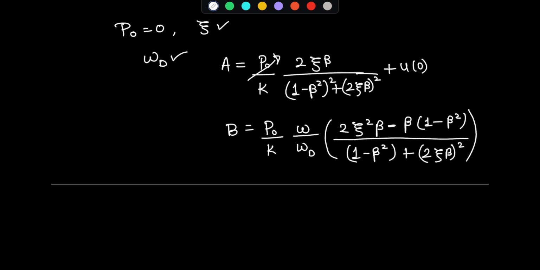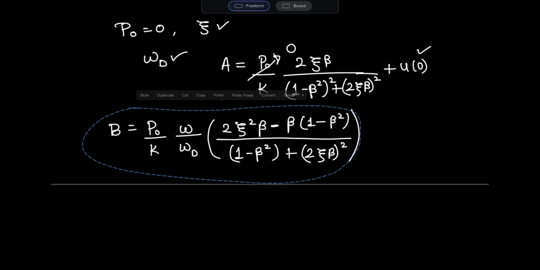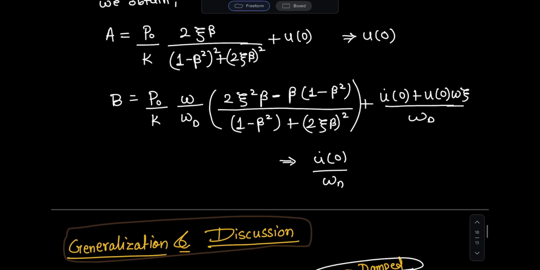P naught is equal to 0, so we'll only have the u naught term. And in case of B, I didn't bring the whole equation for B. The whole equation for B was with this additional term.